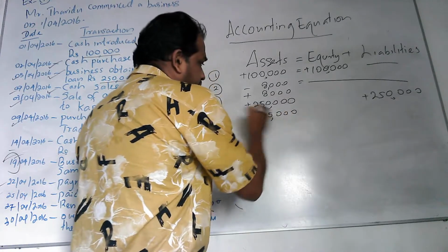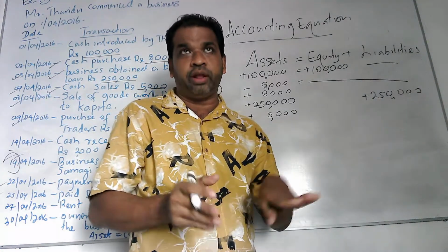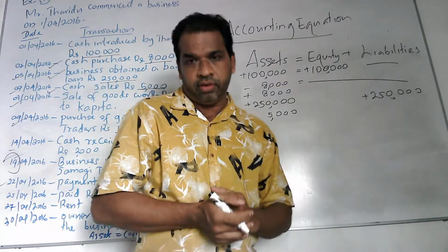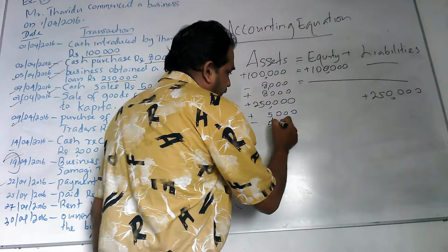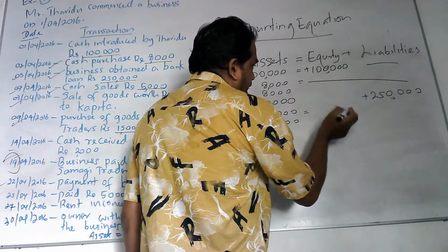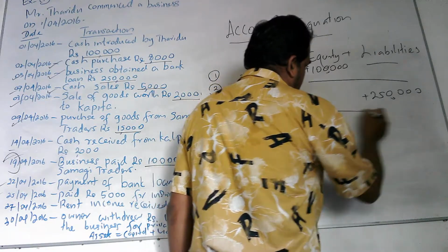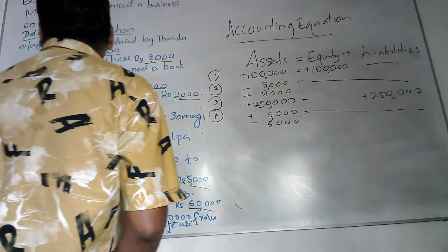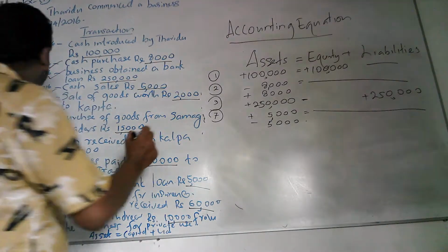Equally, there will be a decrease in our inventory or stocks. When you sell goods, they go out. Therefore, minus 5,000 even under assets. Then nothing will happen to this side.